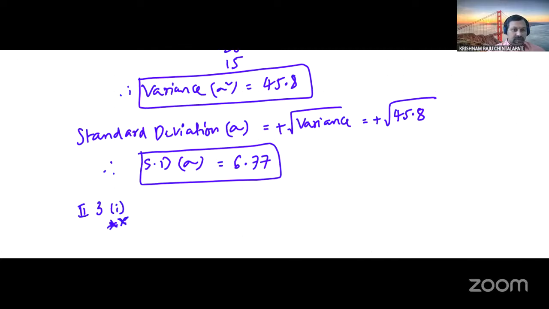Find out the variance for ungrouped data. So page number 306. Right? And the fourth one is discrete frequency. Second Roman, fourth question, discrete frequency. So do it as homework.